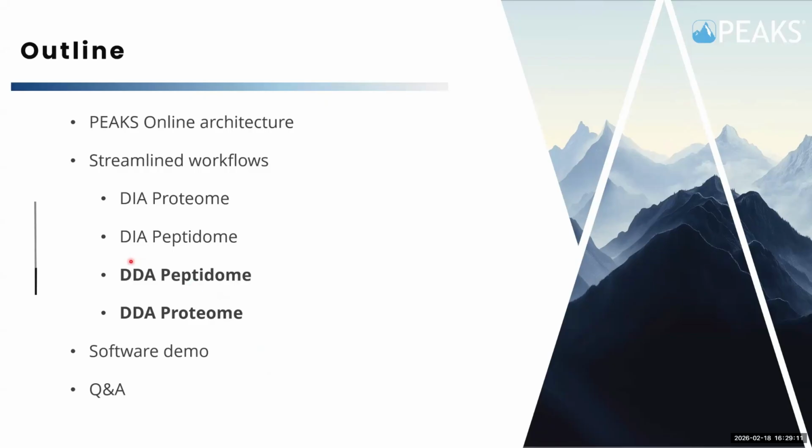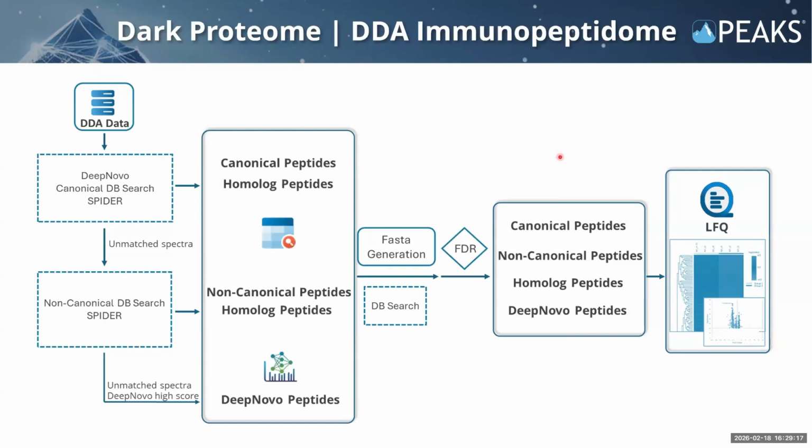I'm just going to quickly mention a little bit about DIA Peptidome and Proteome. If you have DDA data, the immunopeptidomic solution is quite elaborate in Peaks, and it's a really complex algorithm that includes both a first-round search using a canonical database, as well as a second-round search using a non-canonical database.